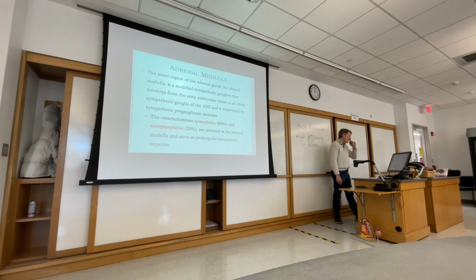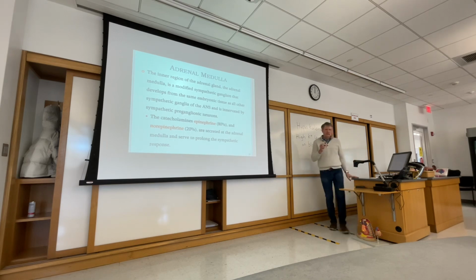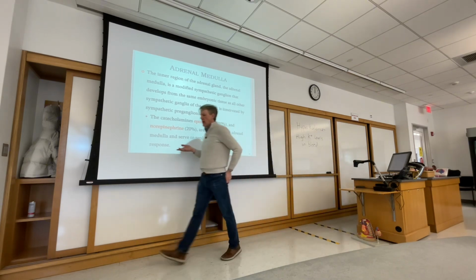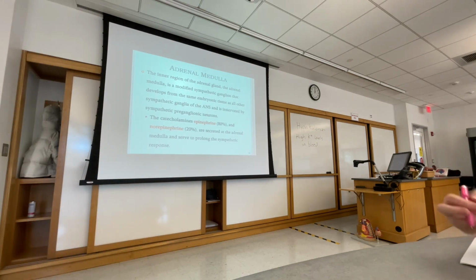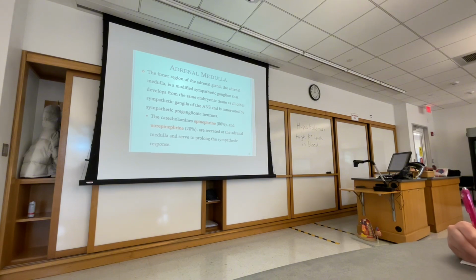All right, where am I going? Okay, adrenal medulla, I think, is a little bit easier than the cortex. The adrenal medulla, think of it kind of like a sympathetic ganglion. I don't want to rehash this whole thing, but in chapter 15 we did the autonomic nervous system, and you may remember preganglionic neurons and postganglionic neurons. The adrenal medulla is kind of like a ganglion. Inside of it are postganglionic neurons that release a neurotransmitter.